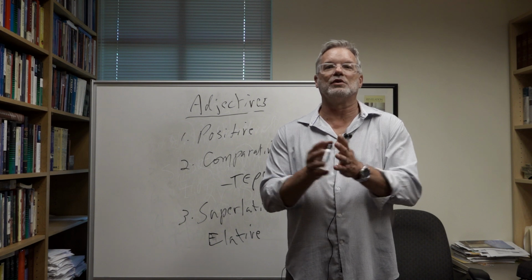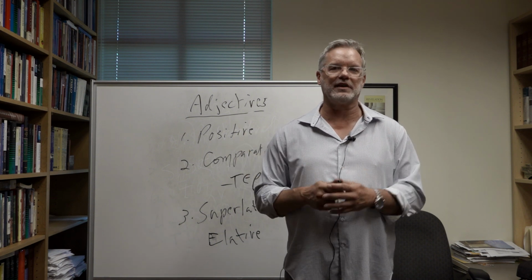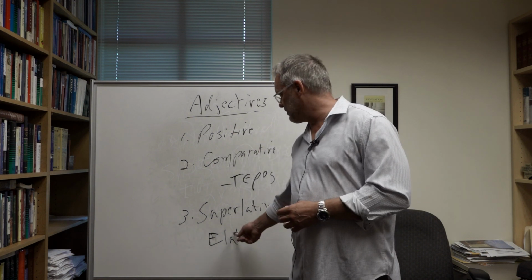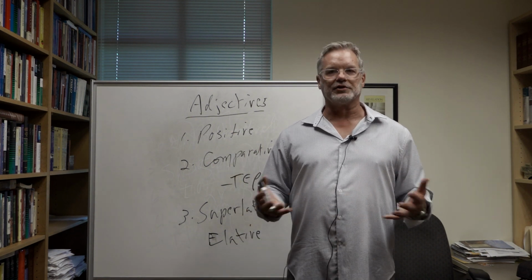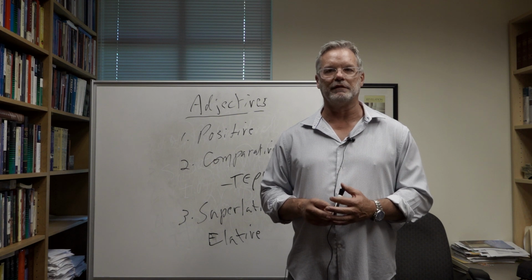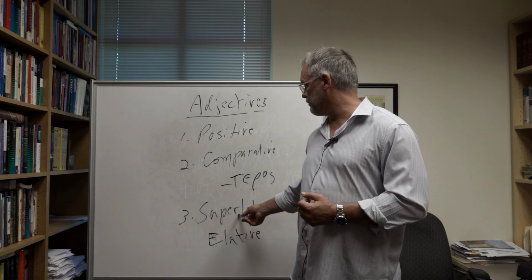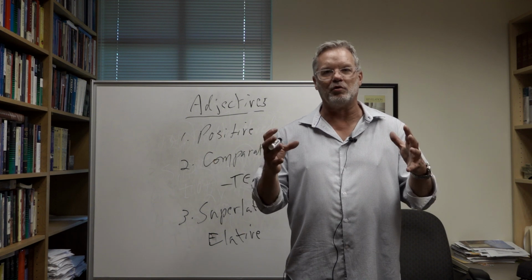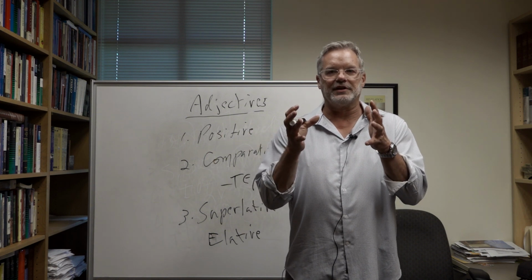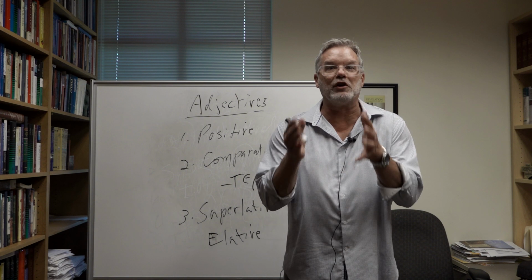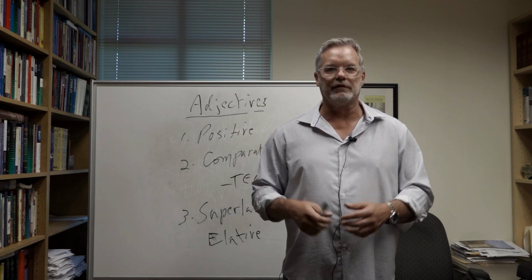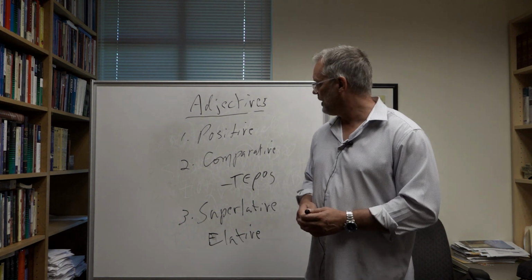So this was a very good book, we might say in English, or this was a very superb book. That would be the elative use of the superlative adjective, where again it doesn't appear that it's explicitly comparing three or more things, but there's an elative idea of this is a very good, or this is a very superb book, or insert whatever object you're talking about.